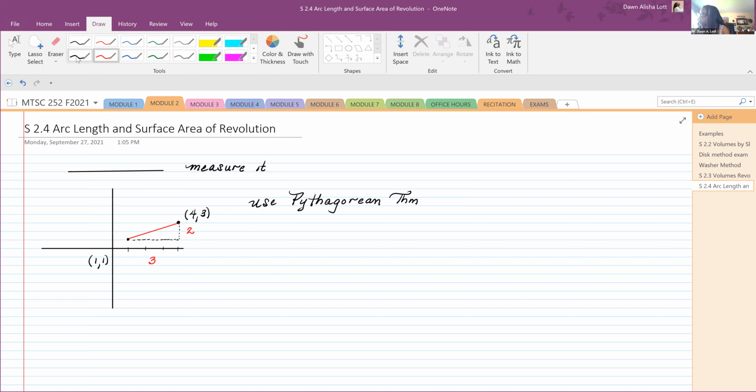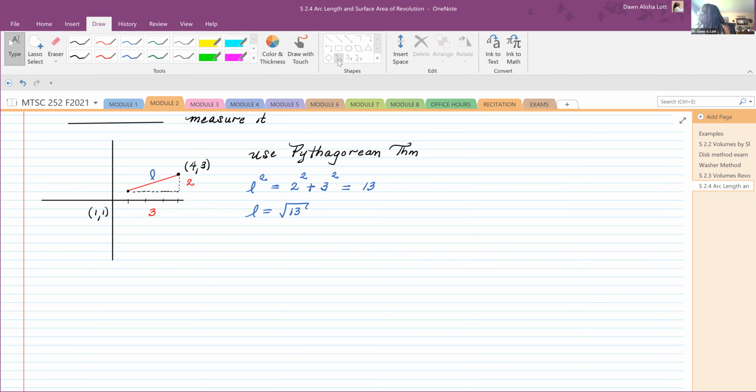So the length L that I want, L squared, is simply 2 squared plus 3 squared. That's 4 plus 9, which is 13. Therefore L is the square root of 13. Nice and simple.